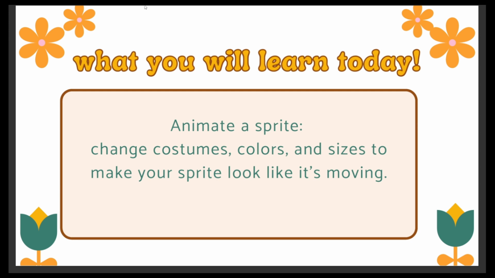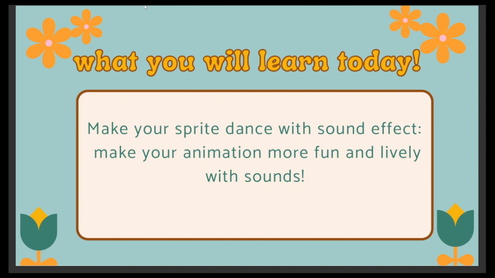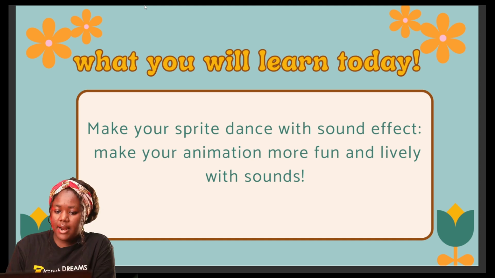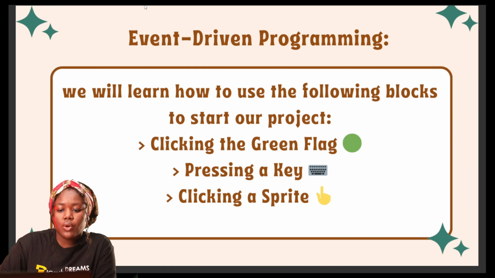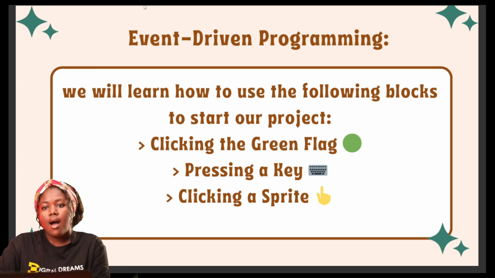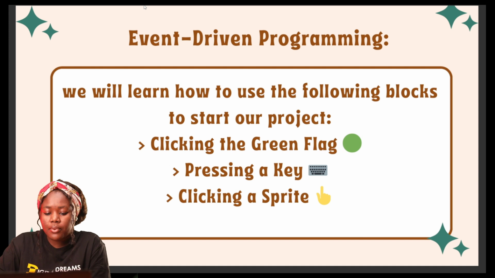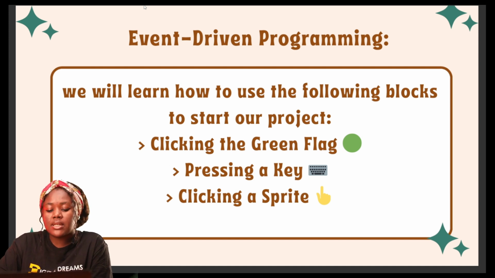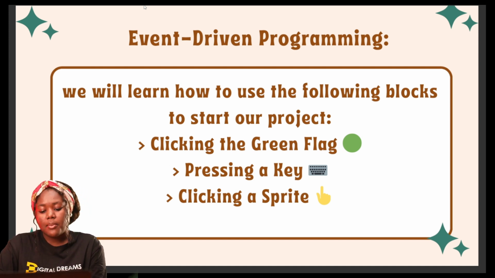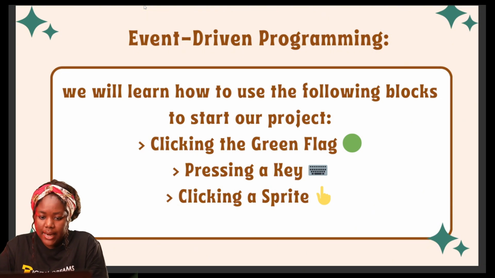And you're also going to make your sprite dance with sound effects, to make your animation more fun and lively. So, we are going to learn how to play your project by clicking the green flag, pressing a key, and clicking a sprite.